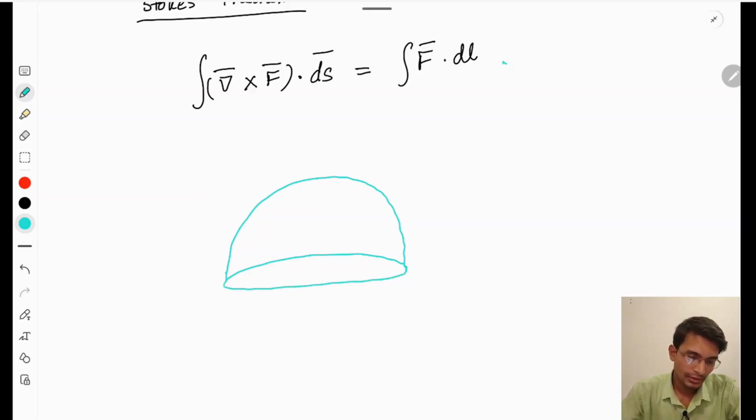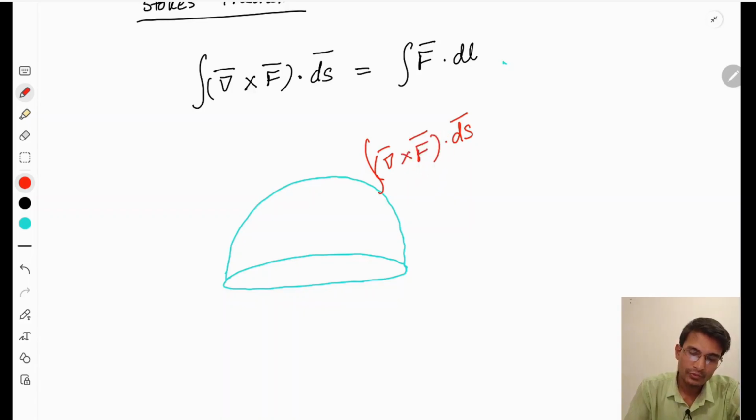And now if we calculate the curl of a vector on top of this hemispherical surface and we integrate it over that surface, then this integration is the same as the line integral of this vector quantity F around the edge of the surface.